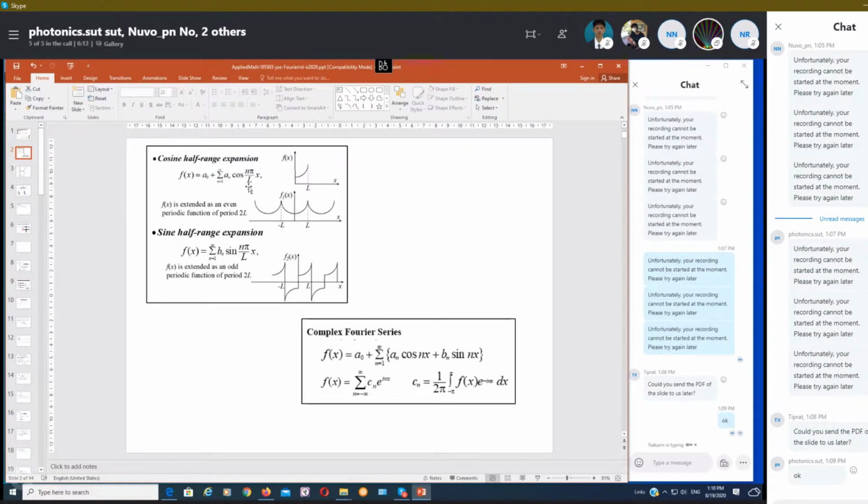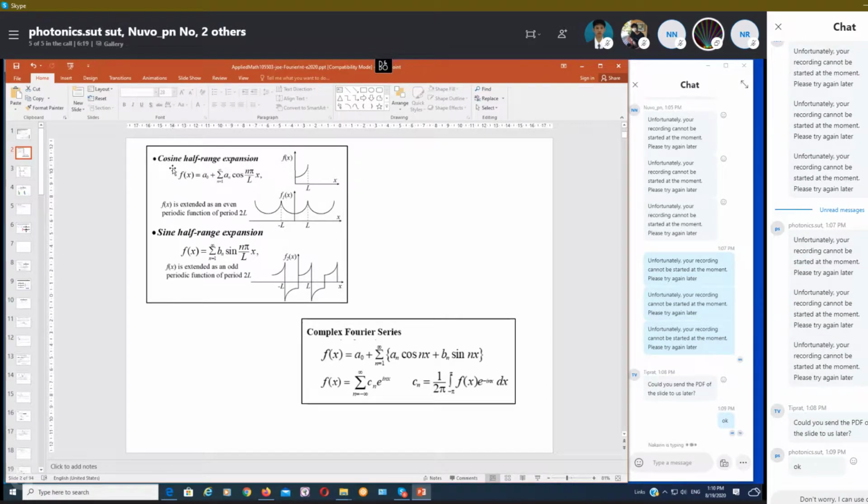Then in fact you have a Fourier cosine series, or we call this a cosine half-range expansion. Why? Because when you expand 0 until L to be even, the period becomes 2L.